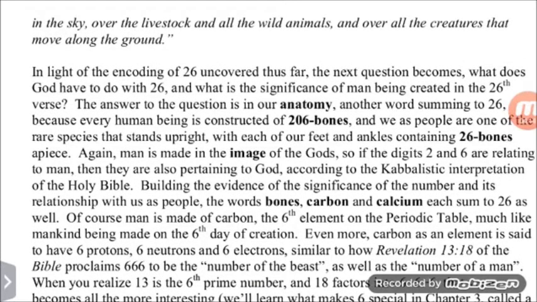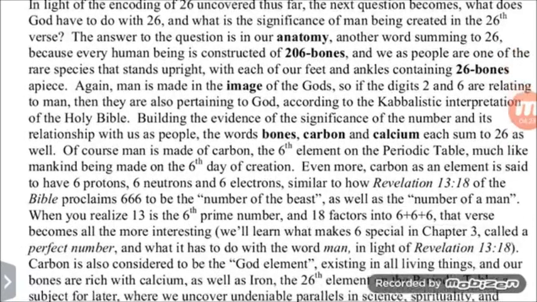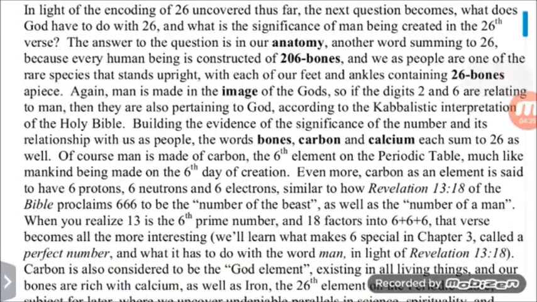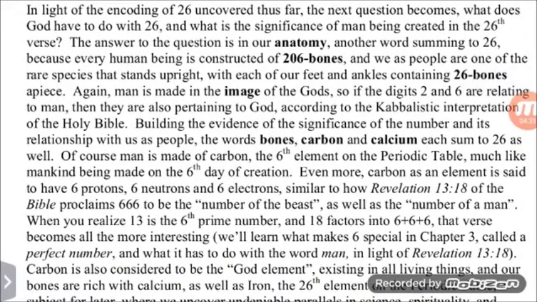In light of the encoding of 26 uncovered thus far, the next question becomes, what does God have to do with 26, and what is the significance of man being created in the 26th verse? The answer to the question is in our anatomy, another word summing to 26.